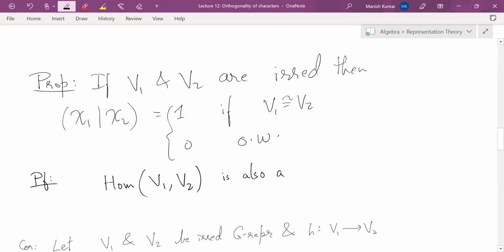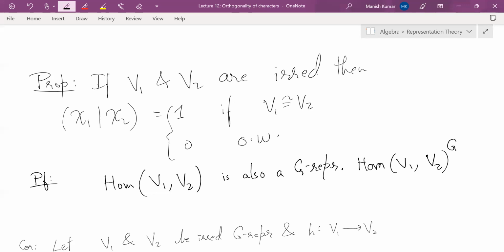It is a G representation, but it need not be the trivial representation. Now, if you consider Hom(V1, V2) and the linear maps between V1 and V2 which are fixed by G, then what does this contain?